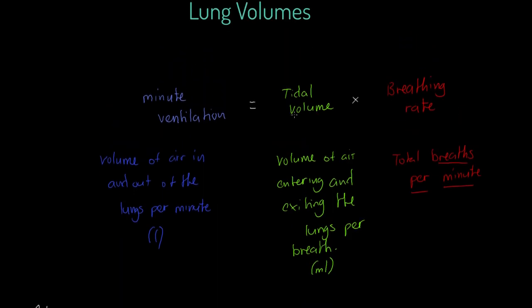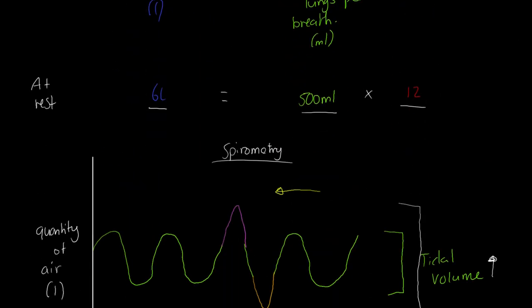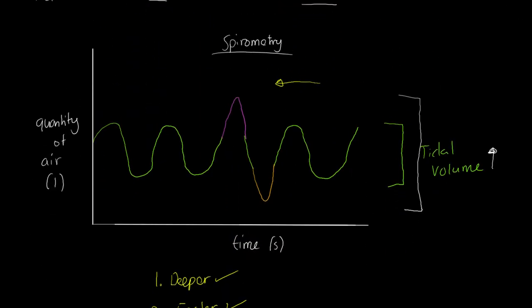Minute ventilation, which is the volume of air per minute, equals tidal volume, volume of air per breath, multiplied by breathing rate. So if we increase tidal volume by increasing depth, we'll look at the muscularity of that in another lesson, and or we increase the rate or frequency of our breathing, what happens to our minute ventilation? In fact, what happens overall is that our values would increase. There we go.